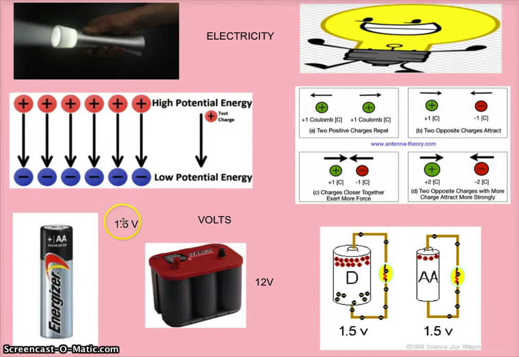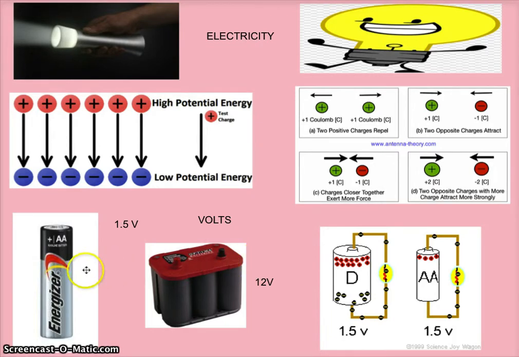The potential amount of electricity that can be gained through this at 1.5 volts is not the same potential electric energy that can be gained from this car battery at 12 volts. Now I'm sure you've seen signs that say like 1,000 volts or 5,000 volts at electrical power stations. So there's a lot of volts that could potentially cause electricity. And remember, it's potential energy.